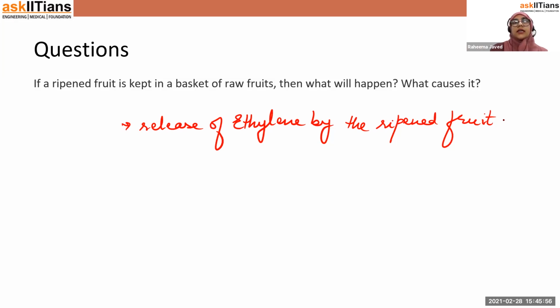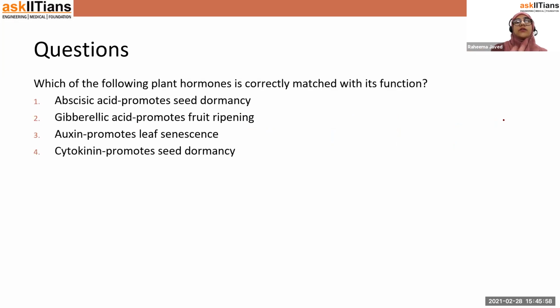Which of the following plant hormones is correctly matched with its function? Abscisic acid promotes seed dormancy. Gibberellic acid promotes fruit ripening. Auxin promotes leaf senescence. Cytokinin promotes seed dormancy.